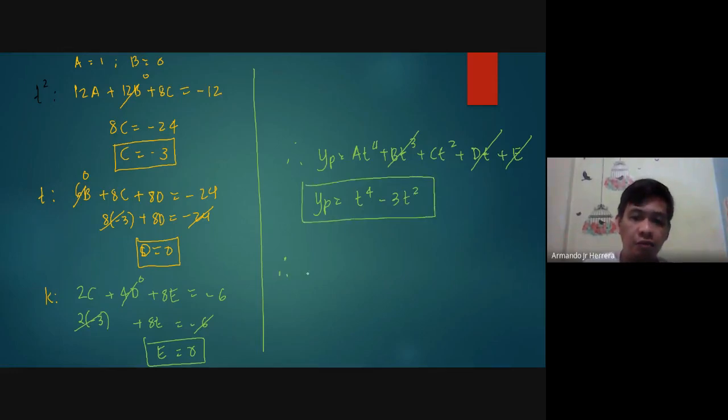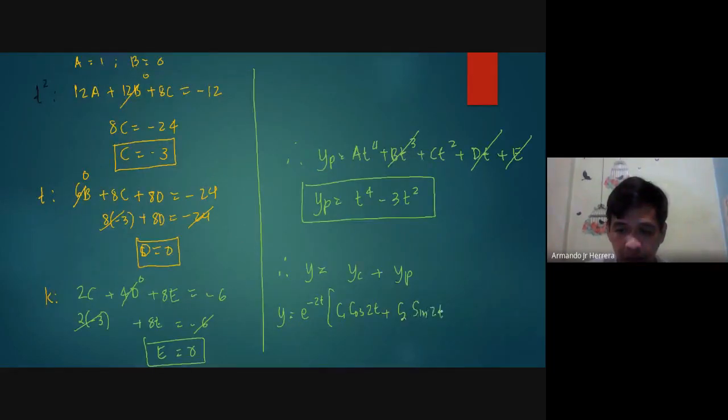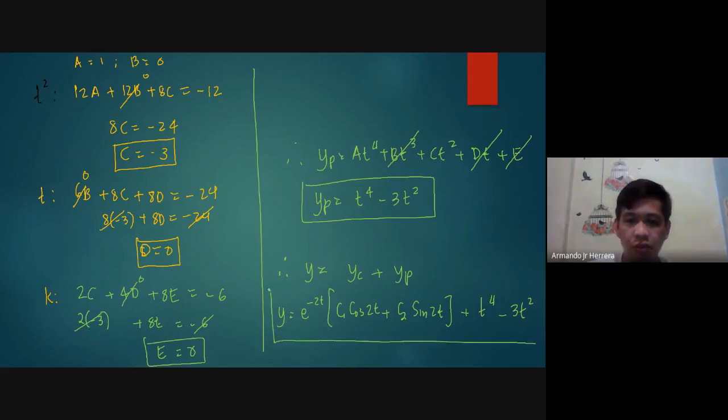So therefore, y is equal to yc plus yp. So ano ang ating yc? E to the minus 2t, c1 cosine 2t plus c2 sine 2t plus t to the fourth minus 3t squared. So that will be our general solution.